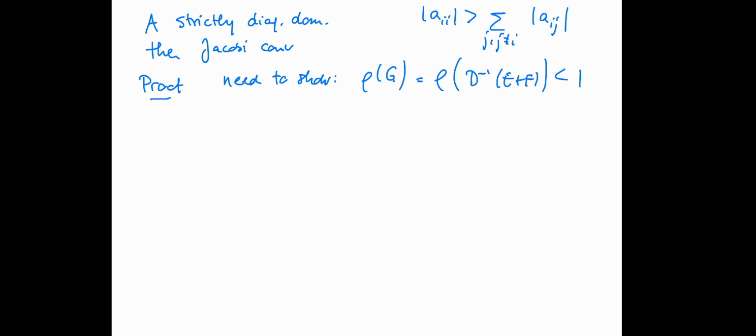Now, as I already said, the spectral radius is hard, but the infinity norm is quite easy here. So what we're going to do is estimate the infinity norm of the G matrix. So what is the infinity norm? Well, we already have seen a characterization for that. It's the maximum over i of the sum over j of |G_ij|.